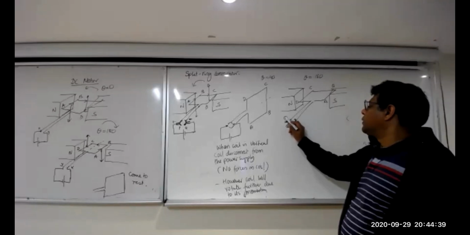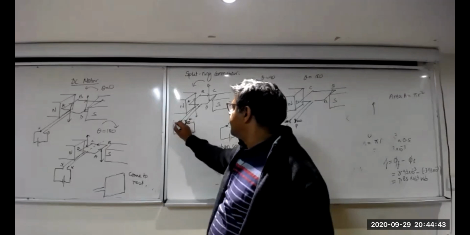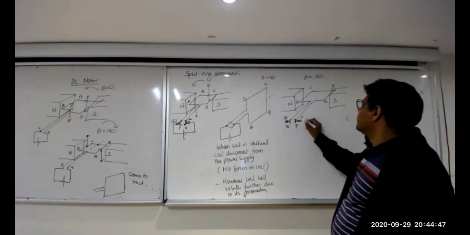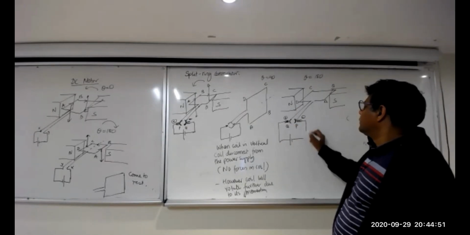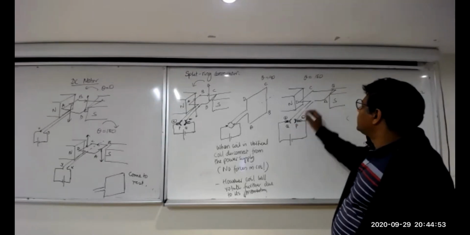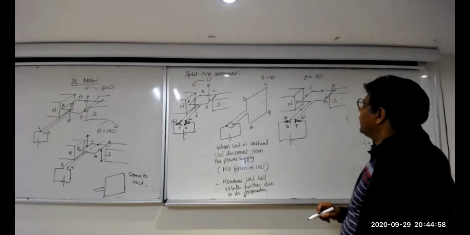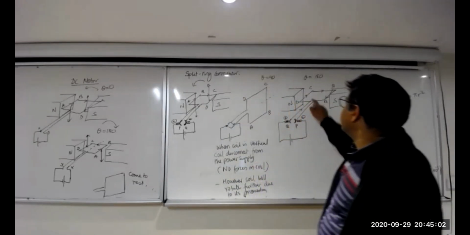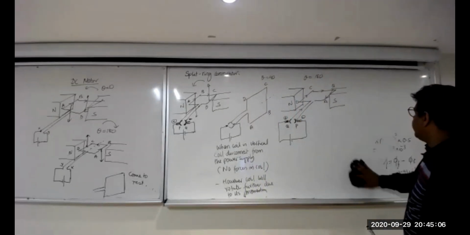Still that one is positive, this is negative, connected to the battery. Look at that, the current flow is now from D to A. Before it was A to D, now D to A. That's the whole function. The function is to reverse the direction of the current.